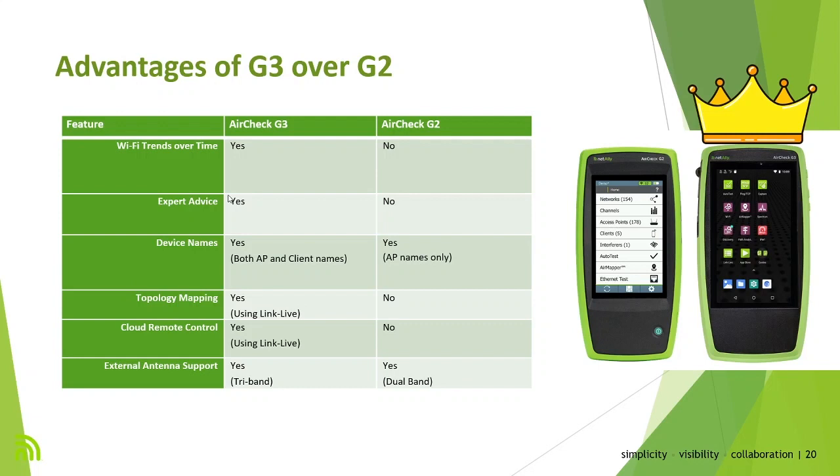You have the Wi-Fi trend over time, expert advice. The device name now shows both the AP and client name. And you also have topology mapping using Link Live. So when you use the discovery application on the AirCheck G3, you are able to upload that information into your Link Live account, and from there you will be able to open the mapping that will show the whole topology of your network.